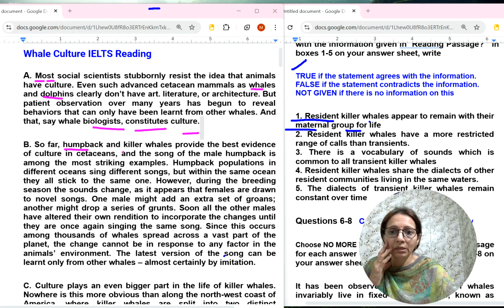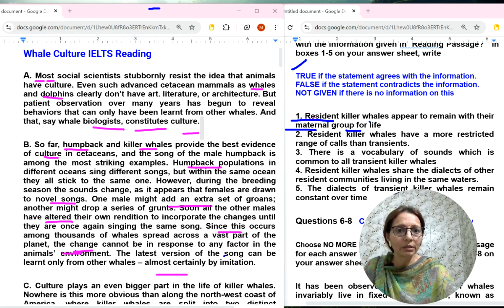Humpback, they are talking about killer whales providing the best evidence. Humpback is again not resident killer; novel songs, one male altered. Okay, I don't think so, they are talking about animals. Nothing is given about resident killer and maternal group. So let's move to paragraph C.